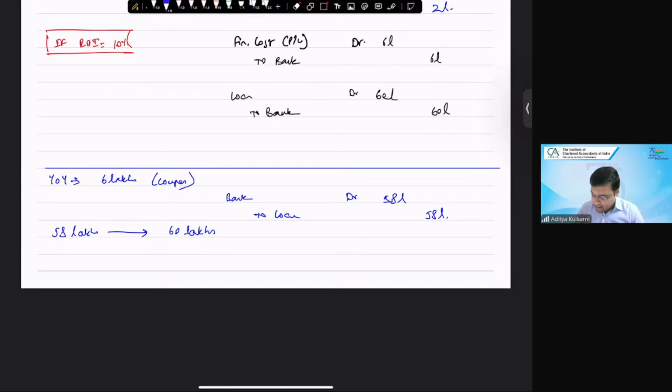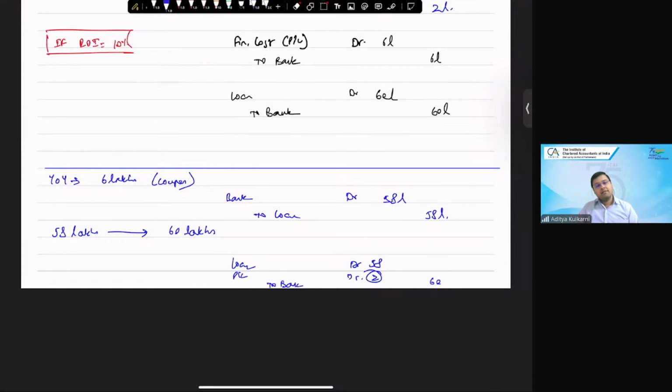Last year in P&L, we will be making the payment: loan account debit 58 to bank 60, P&L 2 lakhs. The standard says you cannot do this because this 2 lakhs is effectively a cost that you are incurring over the tenure of the loan.